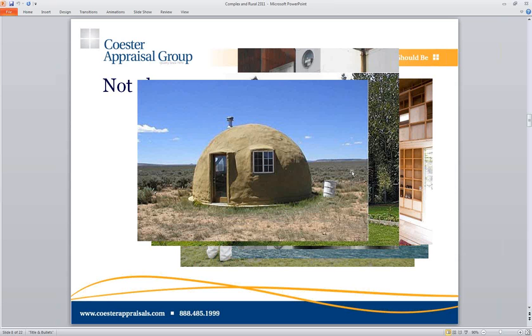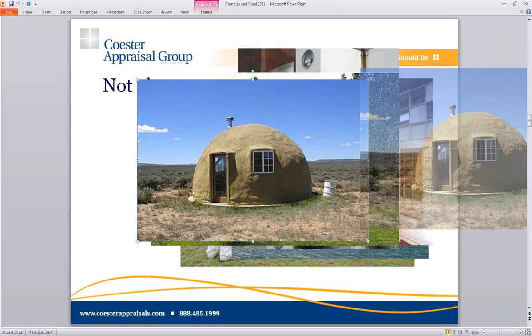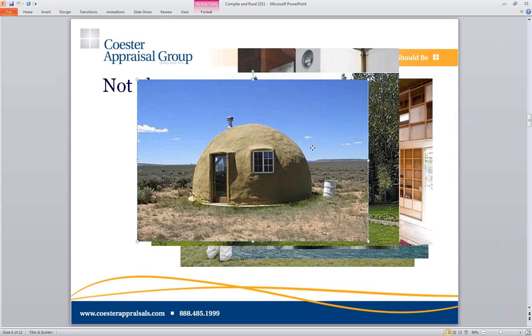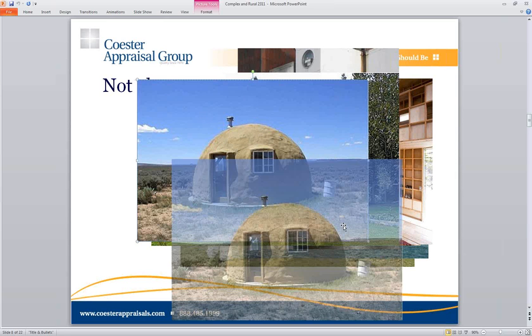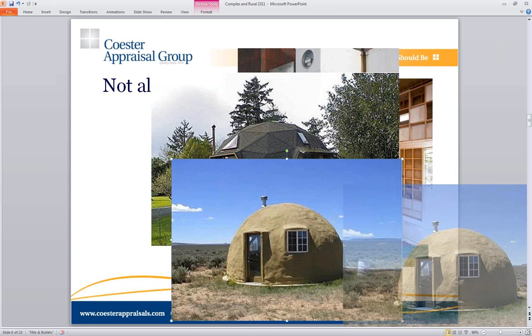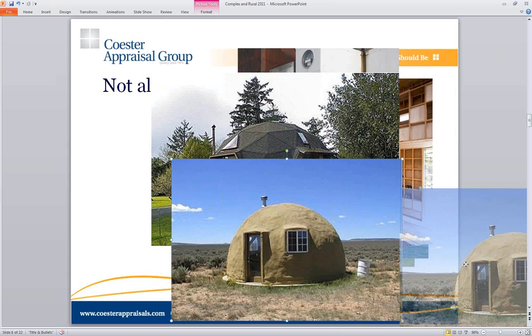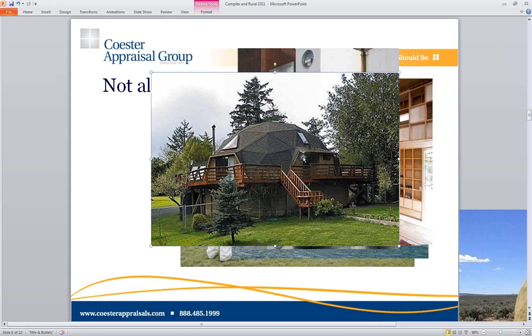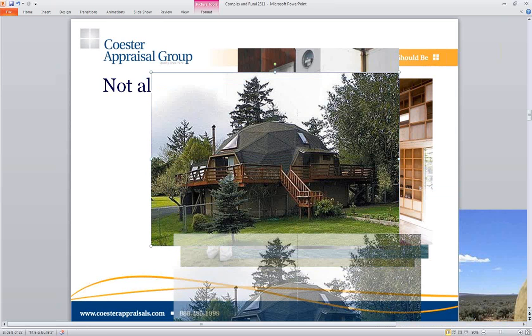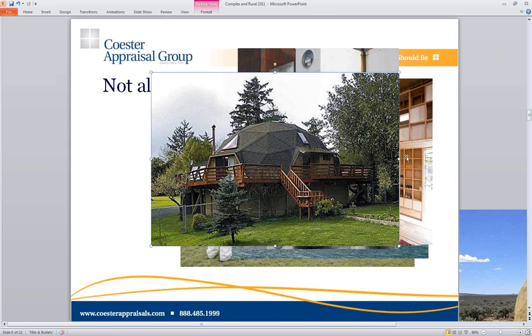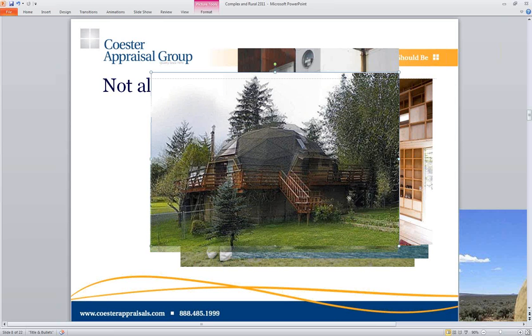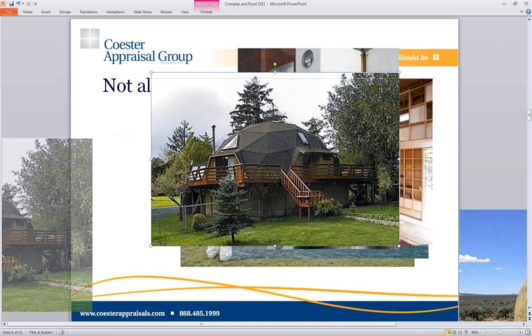Okay, so here's some examples of some not typical. Here's a house that we did an appraisal on. Again, the PowerPoint slide is going to make it look a little weird, but it should have been popping up. Here's another house. This is actually kind of a bio home, which is pretty cool.